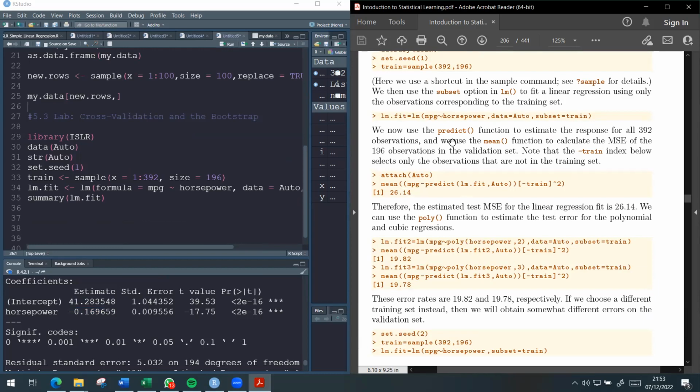And that should be the predict function. Here we go. We now use the predict function to estimate the response for all 392 observations. And we use the mean function to calculate the mean square error of the 196 observations in the validation set. Right.